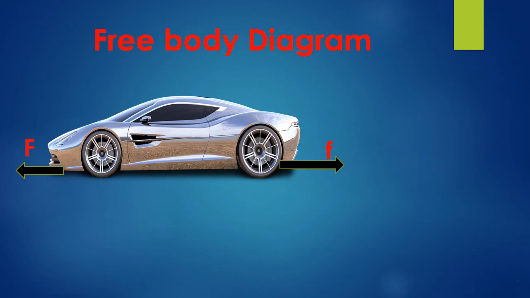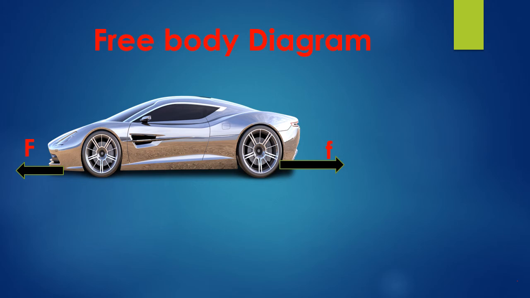What are the forces acting on the car along the x-axis? Here capital F is the force applied by the engine, and small f is the frictional force. These two forces act on the car along the x-axis.